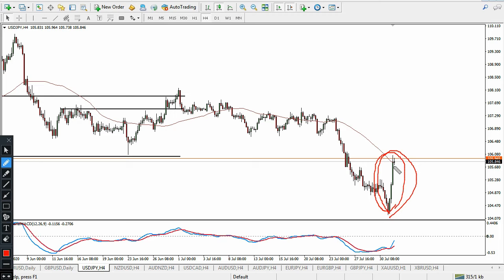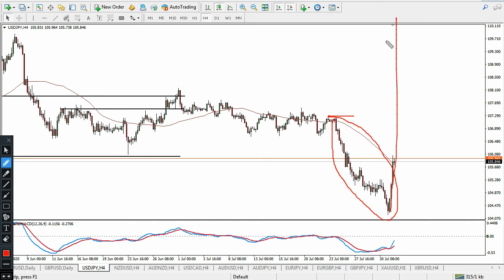We might see some corrective structure over here before going upwards. All my view about the USD Yen is an upside move, with short-term downtrend and long-term uptrend.